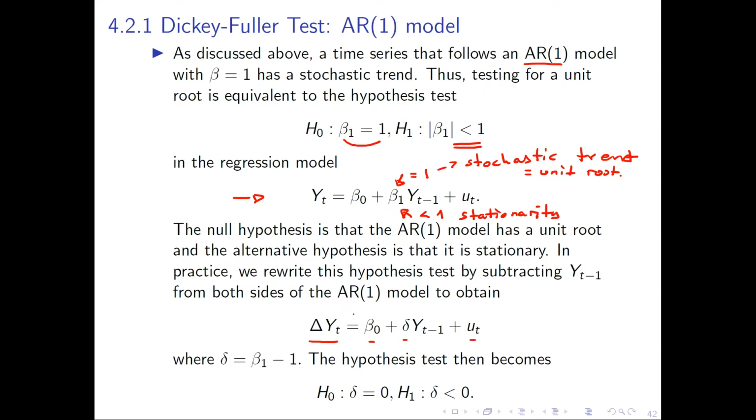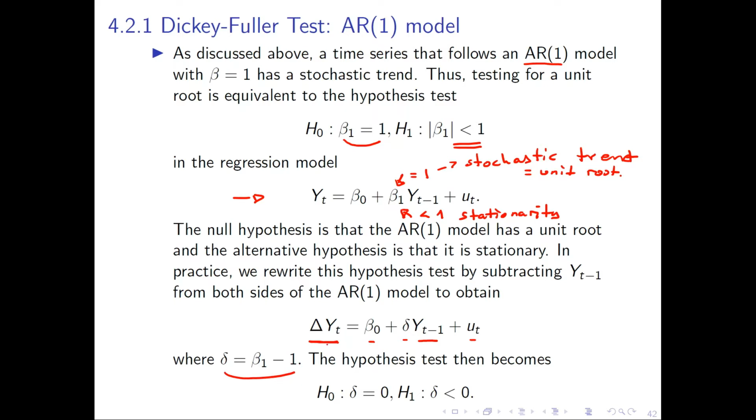So here you are basically regressing the difference in y on the lagged value of y. And the delta here is equal to beta 1 minus 1.